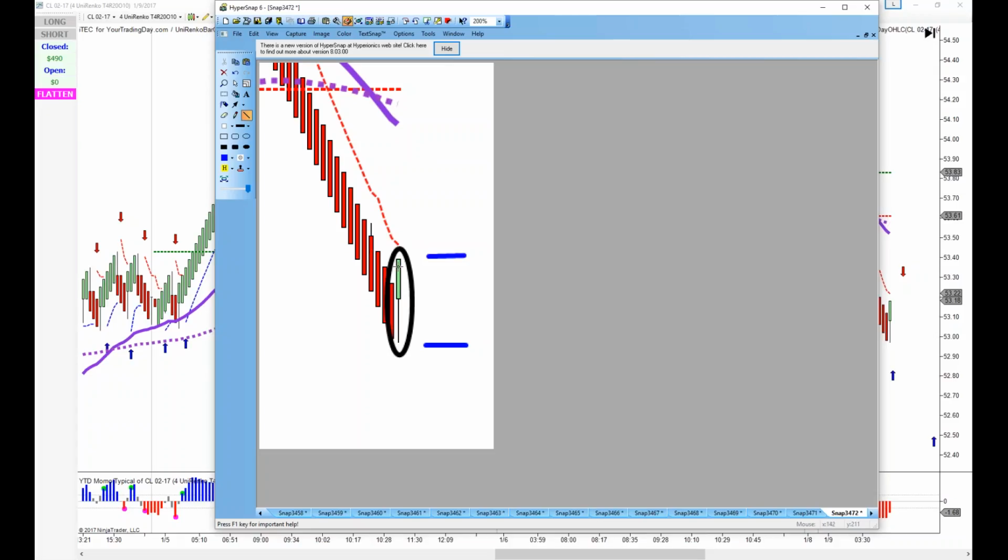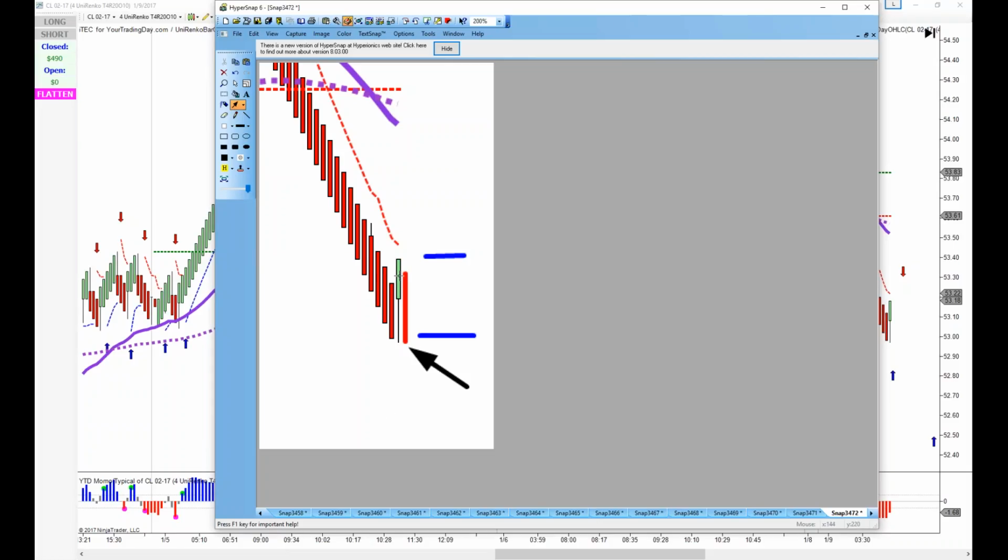So when I get that green bar, I'm looking for the next bar to turn red. I'm looking for the next bar to come down, turn red, and you better believe it, I would get into that trade if that happened.